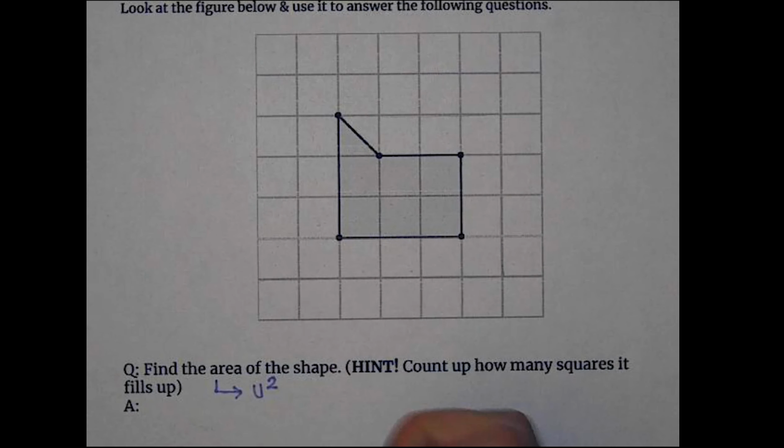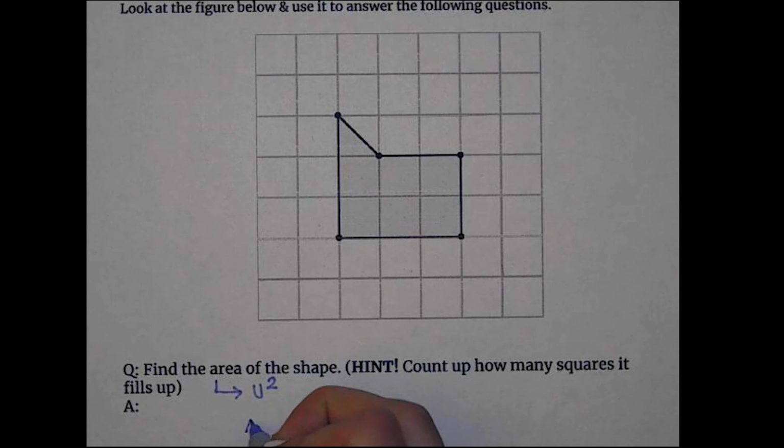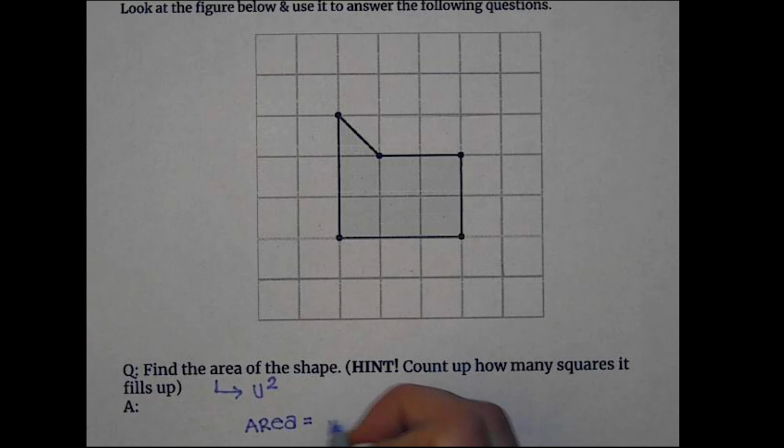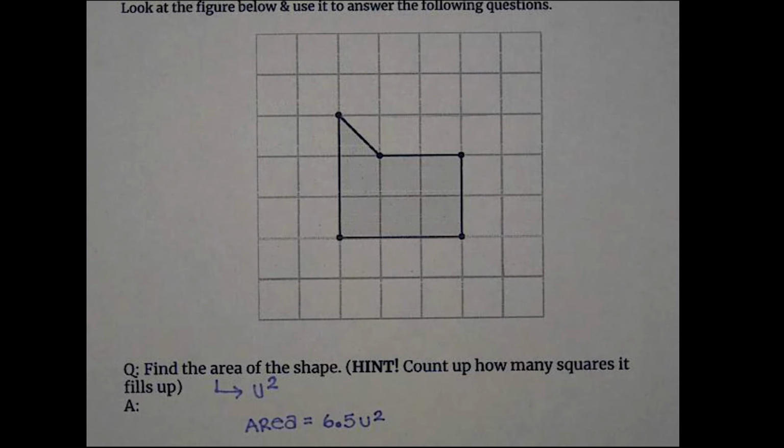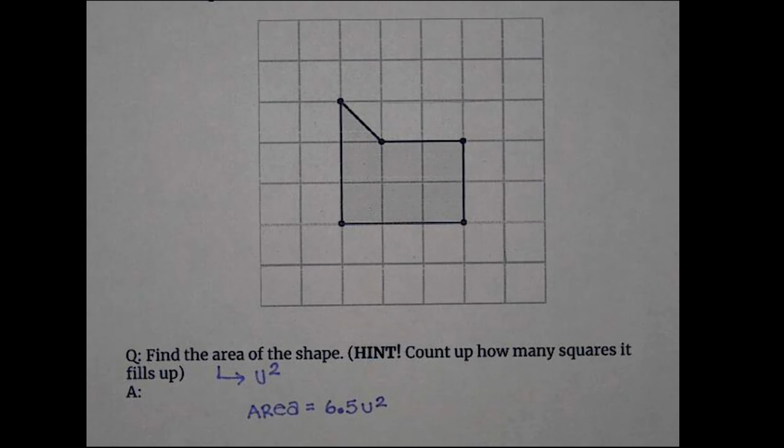Because it takes up half of that. So we're just going to say that the area equals 6.5 units squared. And that's going to be your answer. This first question is pretty easy peasy.